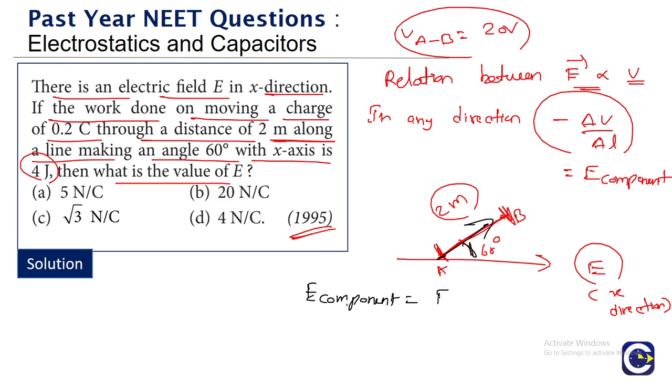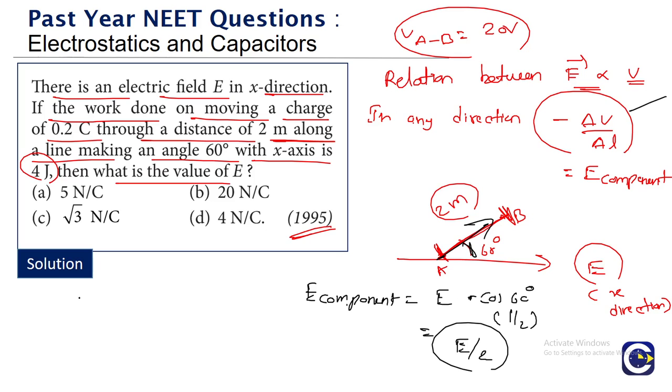So electric field component is E, the total electric field value, into cos 60. We are looking at the component of electric field along the direction AB. What is cos 60? Half. Means the electric field component in the direction AB is E by 2.